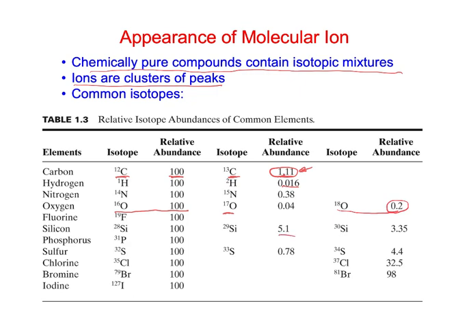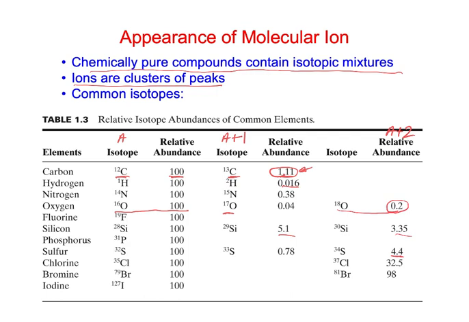Silicon actually has three fairly abundant isotopes. Sulfur has this too. If we call this A, this is A plus 1 and A plus 2, okay?